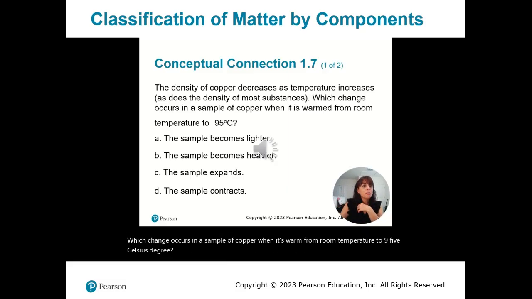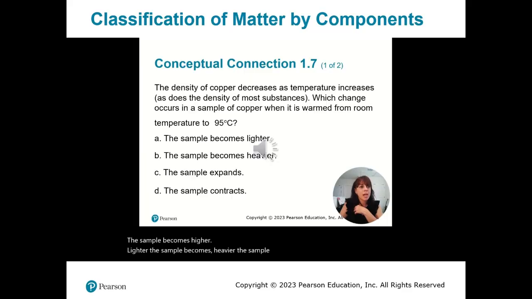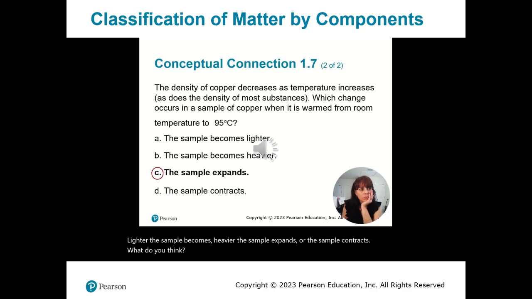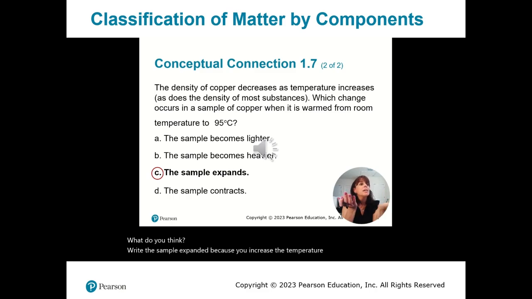The sample becomes lighter, the sample becomes heavier, the sample expands, or the sample contracts. What do you think? Right, the sample expands because you increase the temperature, and this is why the density decreases.